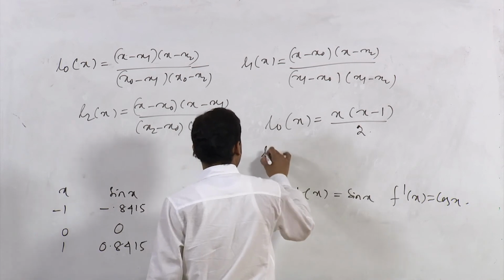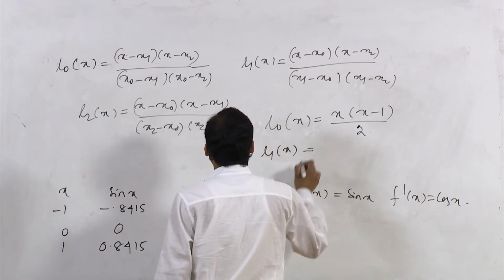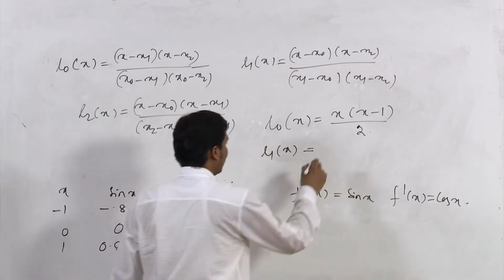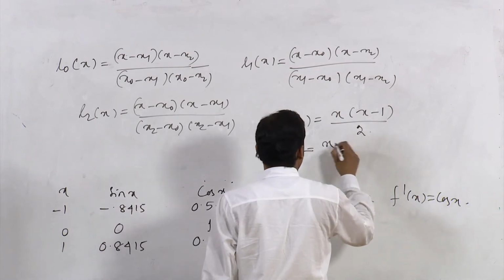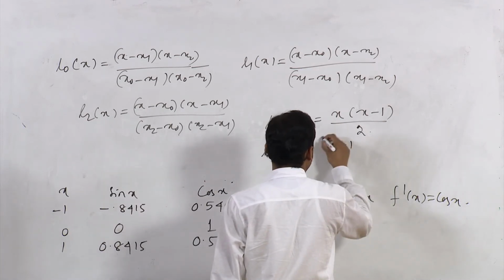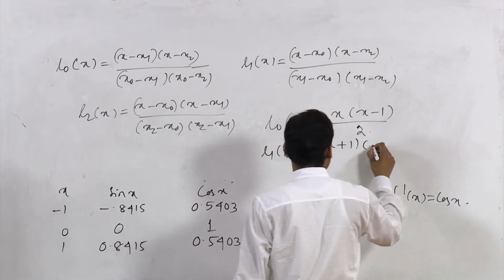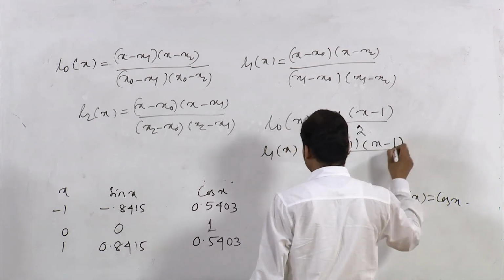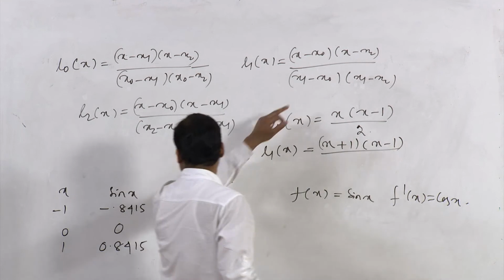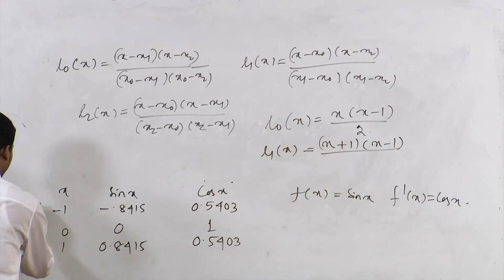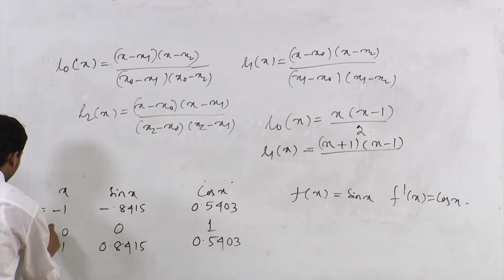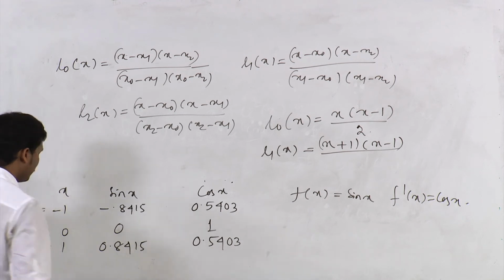Similarly if you determine L1 of x here, that can be written as x minus of minus 1, so x plus 1 into x minus 1 here divided by, since we have these coefficients x0 equals this one, x1 equals this one, x2 equals this one here.